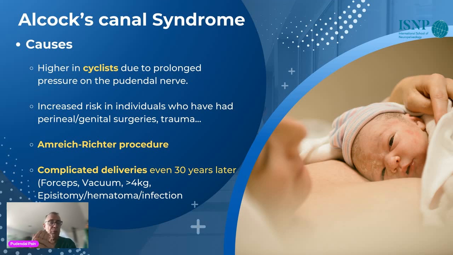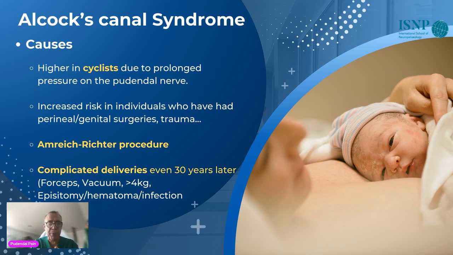And because the pudendal nerve is just behind the sacrospinous ligament, sometimes we bring a suture onto the nerve that will induce pain the day after the procedure. In this situation, the best is really to cut this suture as soon as possible, before irreversible damage of the nerve will occur.